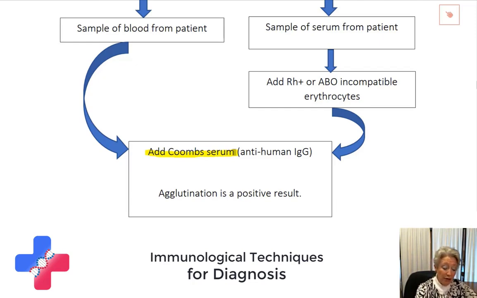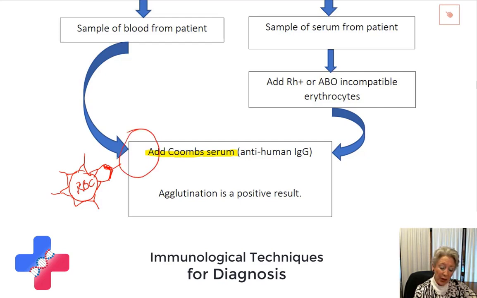And so if I have the child's red blood cells that are already coated with the maternal antibodies, when I add Coombs serum to that, what would happen is that the antibody against the antibody would cause the cross-linking between the red blood cells that have been coated in that way.